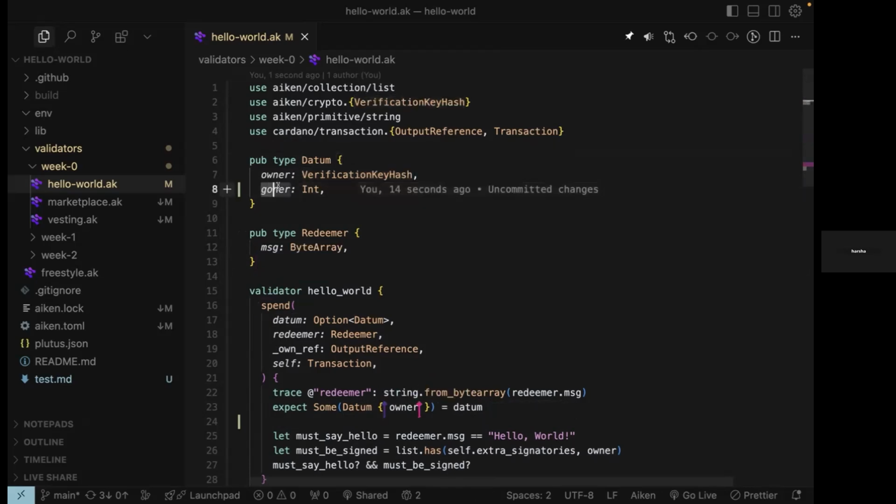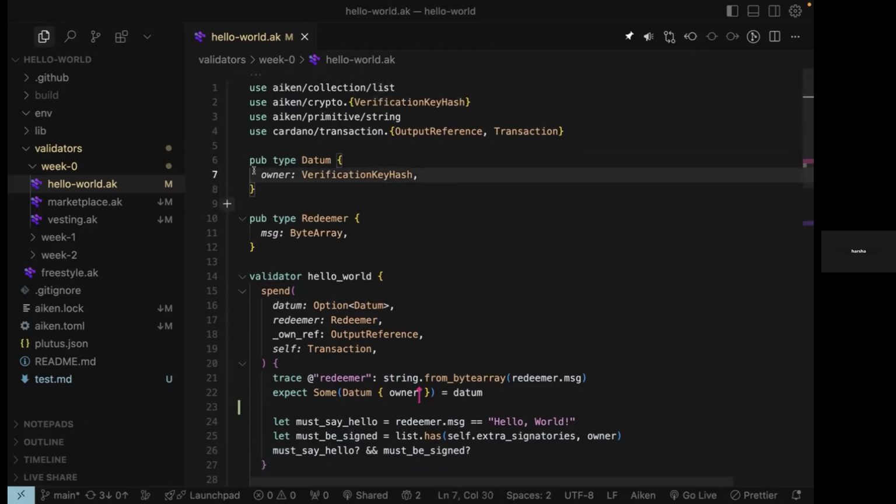And it also has another piece called goner, and that is of the type integer. But if I remove this, then it is only of the type owner, and owner is of the type verification key hash. All good? So we have a higher level name, and inside the higher level name there is a piece of information of a specific type. Owner is just an alias, and it is of the type verification key hash. All good with this statement?